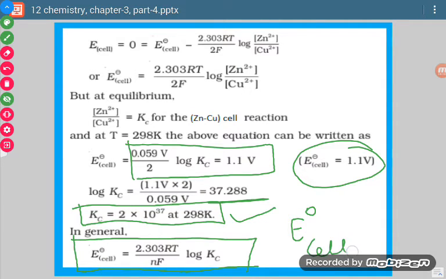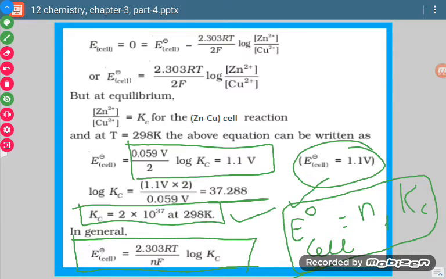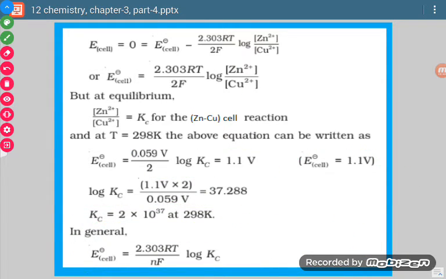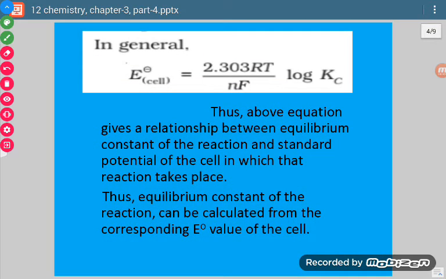One is E naught cell, second is N value, and next is Kc value. So out of these 3, E naught cell will be given to us. Then from the cell reaction we can calculate the value of N, and if these 2 things are given, then Kc value can be easily calculated. Okay, so this is the equation which is to be used properly.